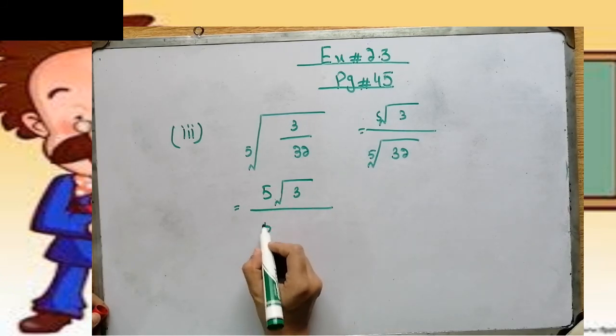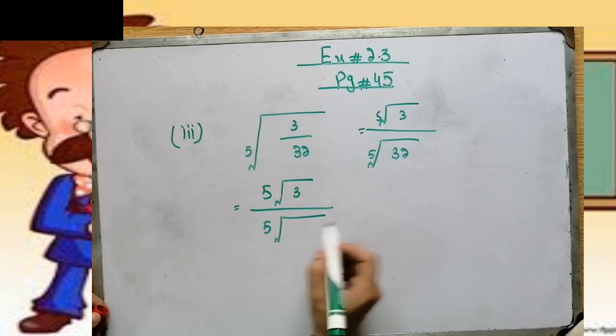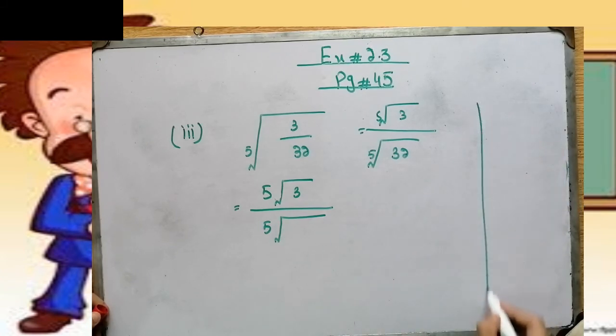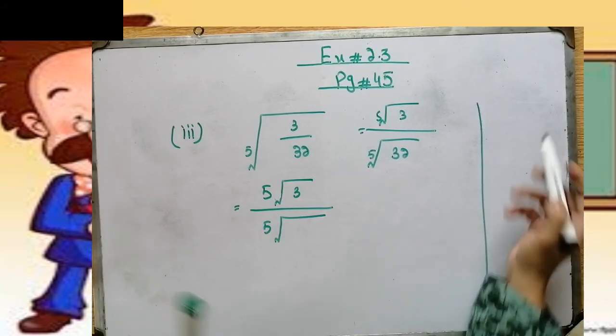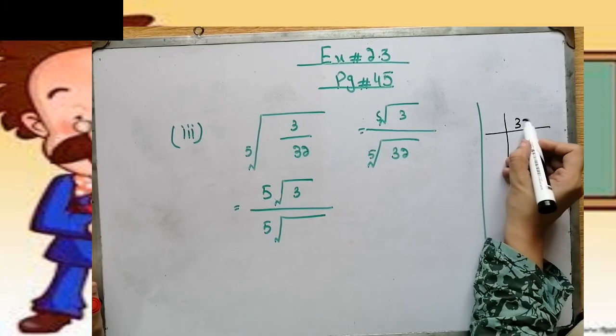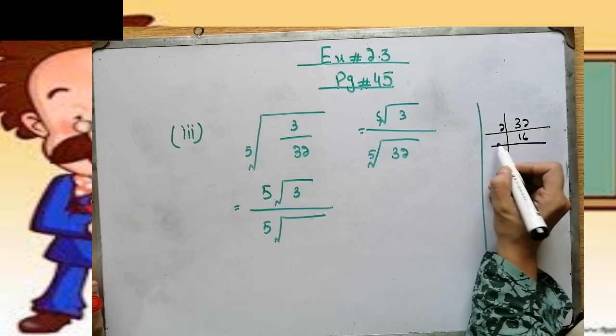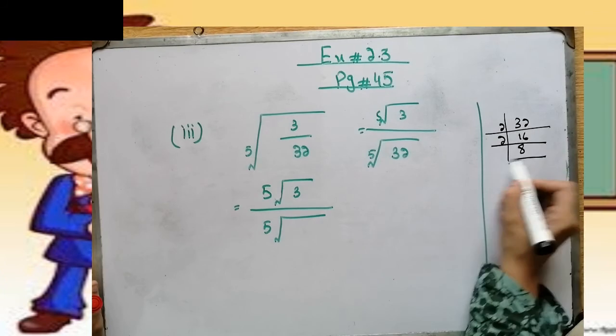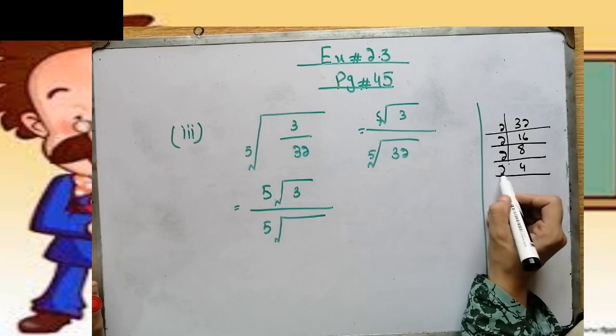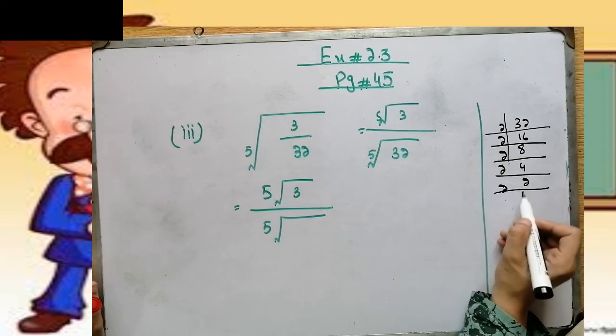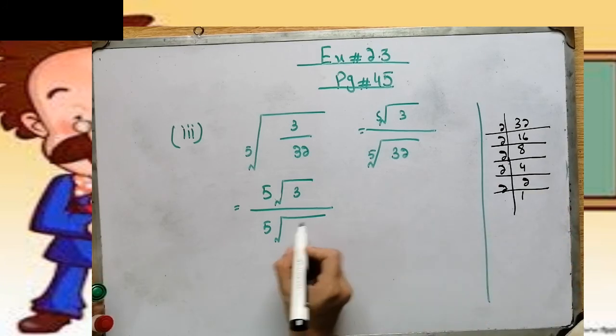And now the fifth root of 32. Find out the factors of 32 by using the prime factorization method. 16 2s are 32, 2 8s are 16, 2 4s are 8, 2 2s are 4, and 2 1s are 2. So these are the factors.